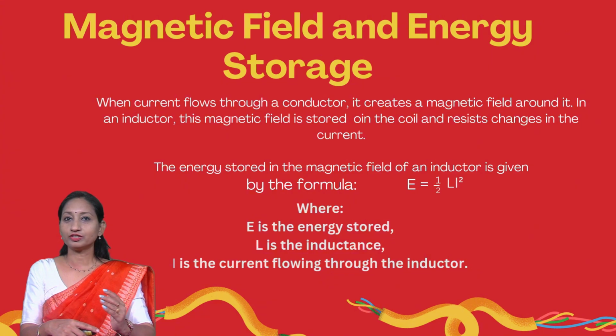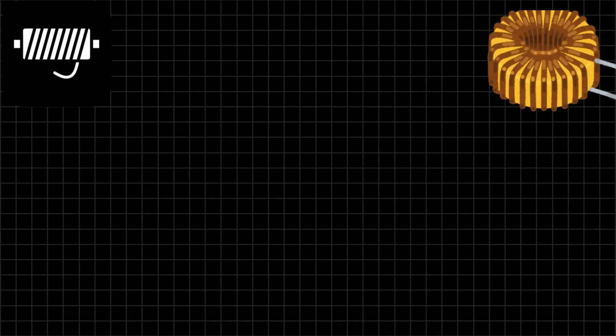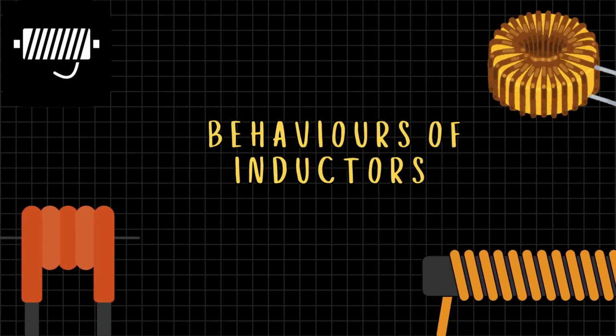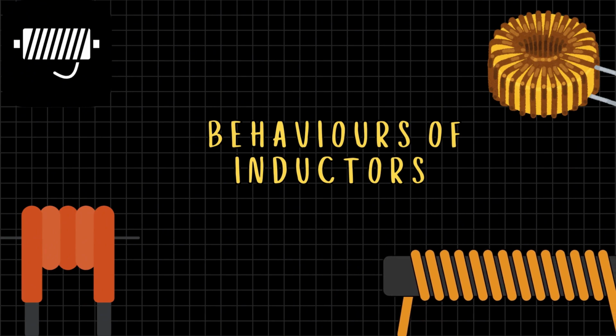The energy stored in the magnetic field of an inductor is given by the formula E equal to 1 by 2 L i square, where E is the energy stored, L is the inductance, and I represents the current flowing through the inductor. Dear learner, now let us see the behavior of inductors.